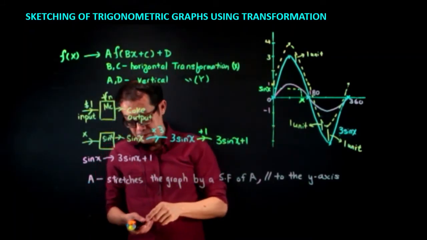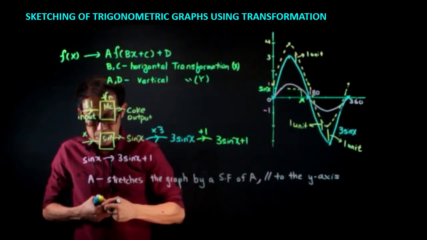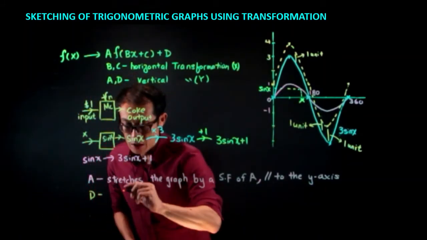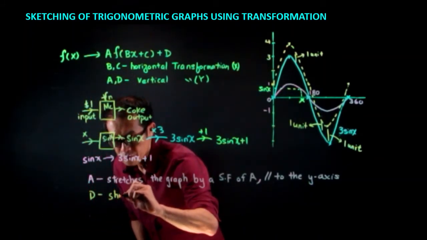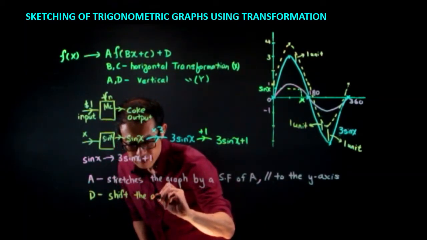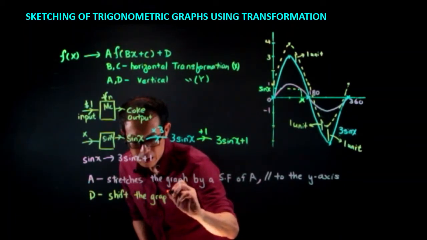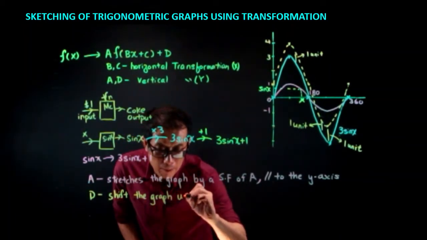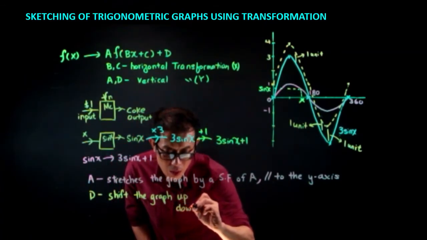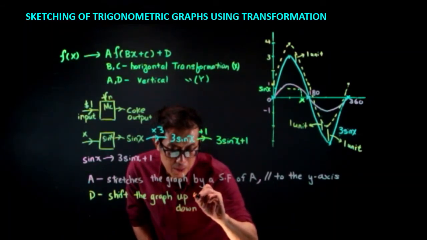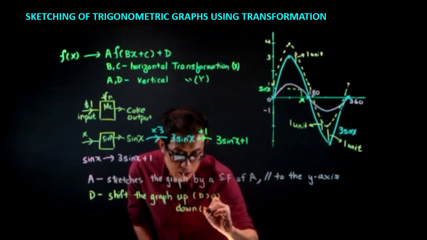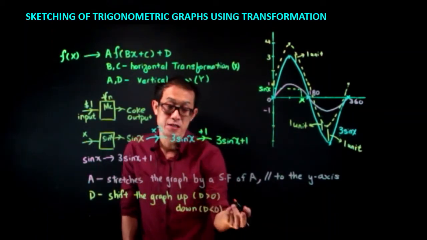Now, how about D? D will shift the graph up or down. Up if D is greater than 0, and down if D is smaller than 0.